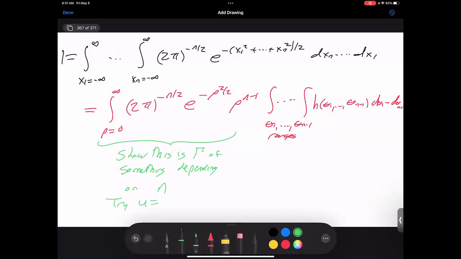If you think this is a gamma function, what should we take u to equal? Not negative. It's actually bad to put in the negative because then you have bad squares. Just do rho squared over 2. So it's a really nice exercise to practice your change of variables. Take u to be rho squared over 2, and at the end of the day, this is going to be a nice gamma function. Do you think it's going to be easier to integrate if n is even or if n is odd?